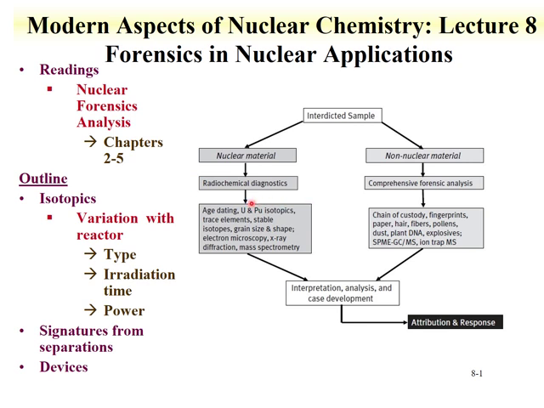These will provide information on the age of the material, something about the uranium-plutonium isotopics, trace elements, stable isotope information, and then you can also gain information about the morphology and properties of the material themselves. All this data is combined with non-nuclear material forensics, which is more traditional, where you would have chain of custody, fingerprints, DNA, etc. And this is interpreted based upon the material, expected properties, and expected uses.